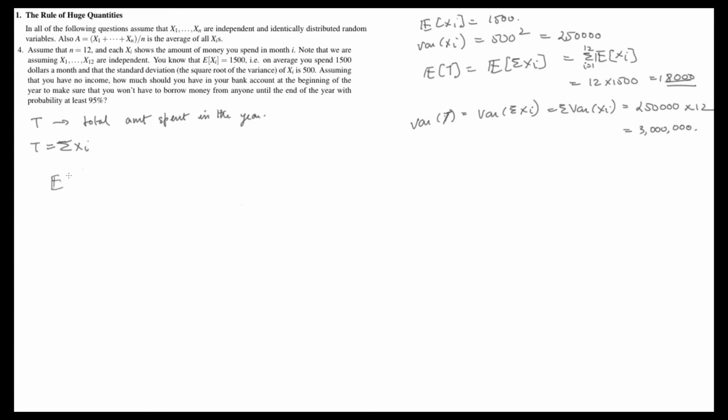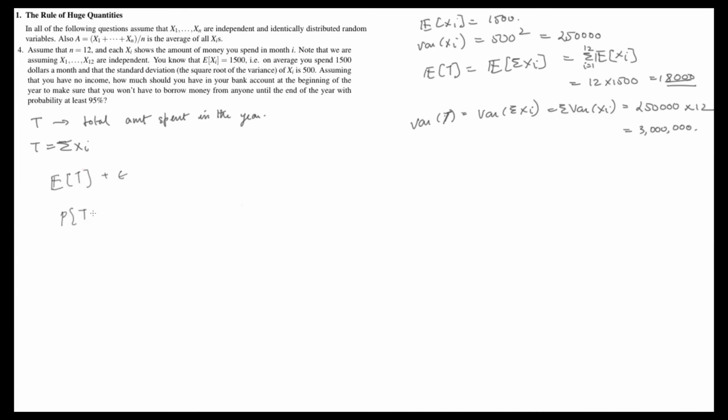We want to keep our bank balance at the expectation of t plus epsilon, such that the probability of deviating by more than epsilon is less than 5%. That means we have enough in our bank account to survive the year. So we want to find an epsilon such that the probability of deviating from the mean by more than epsilon is less than 5%.